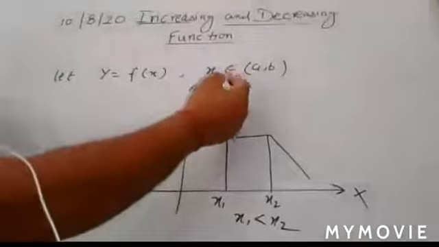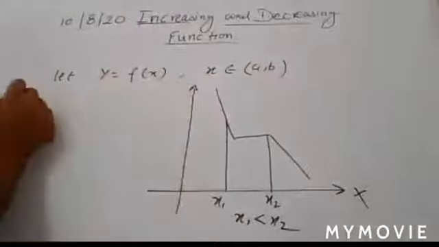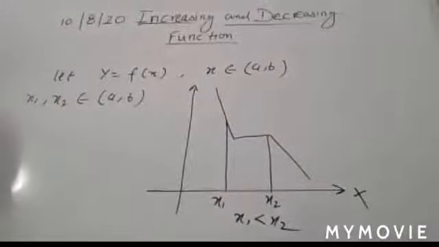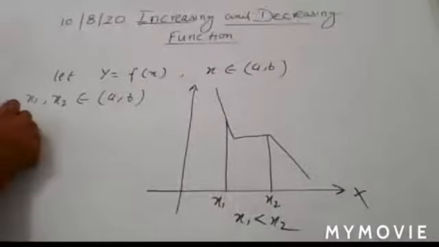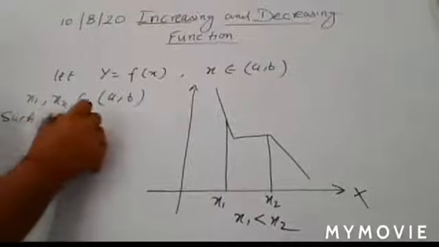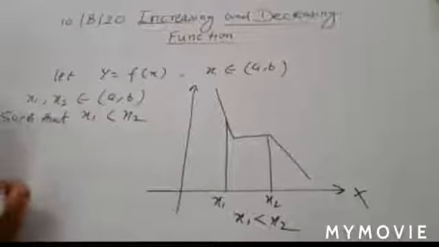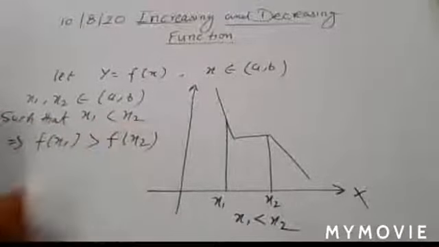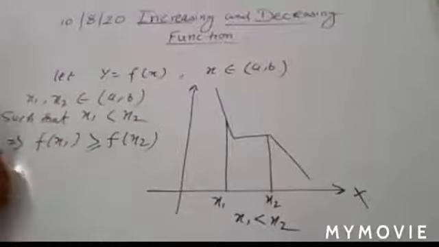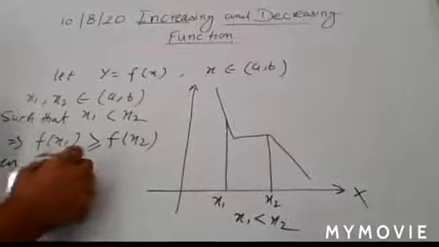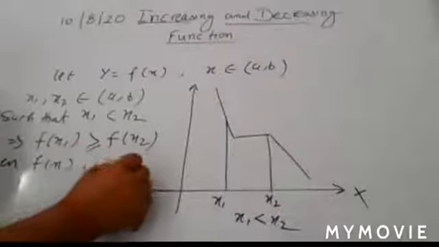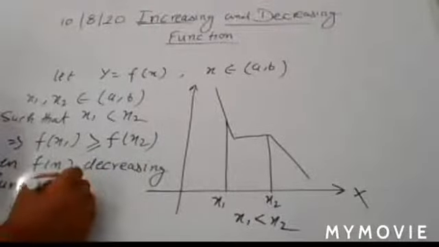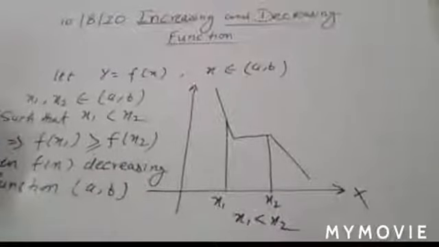Here you write x1, x2 belongs to AB, means you take two distinct points from its domain, such that x1 less than x2. x1 less than x2 implies f(x1) greater than or equal to f(x2), then f(x) is decreasing function. You can write open interval AB.